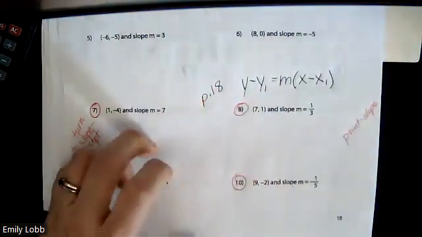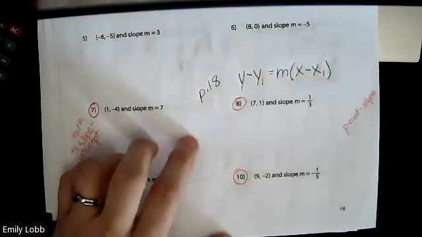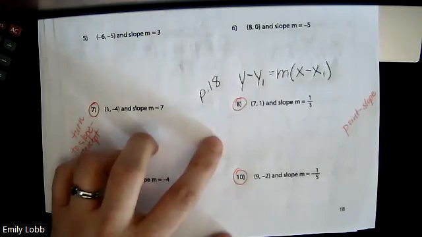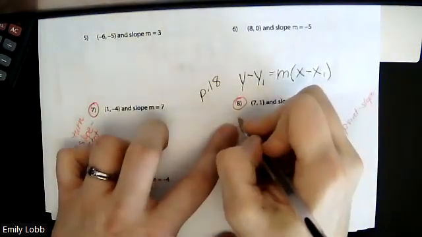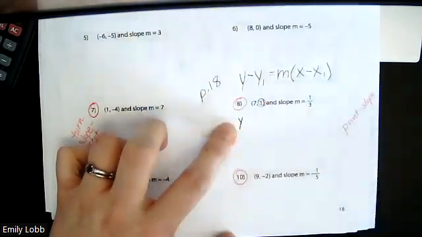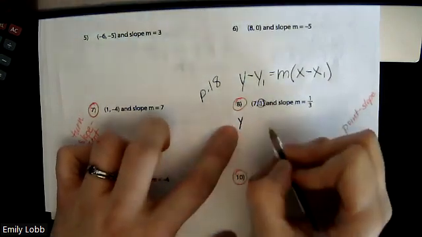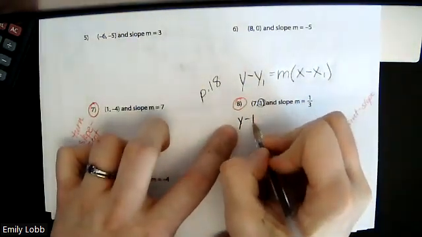That's where you can be done here for number 17 and 18 on your quiz. Some of you still wanted to make it more difficult for yourself. So you're going to write y, and then whatever the opposite of this y value is for that point, you're going to write it right here.